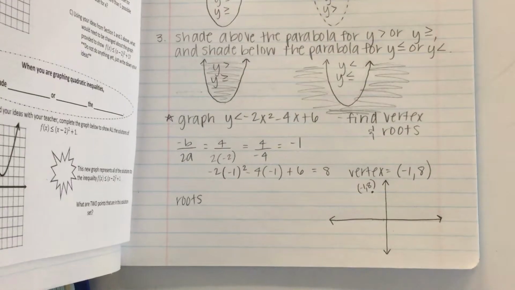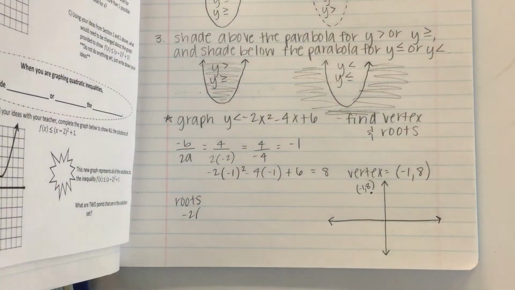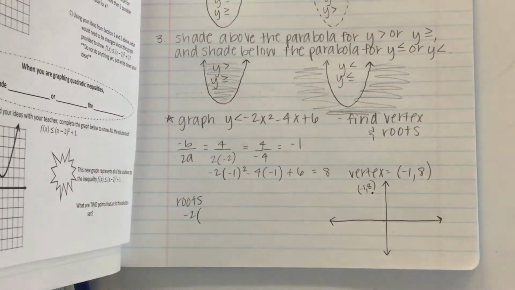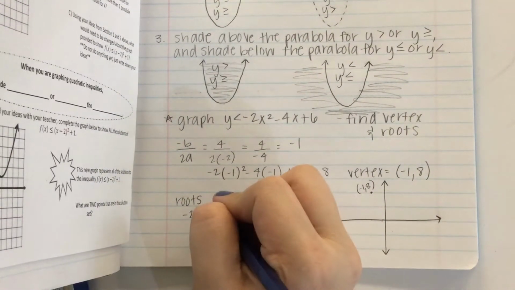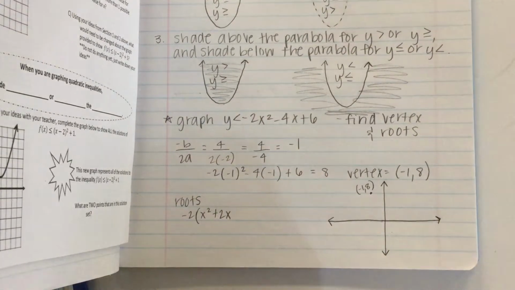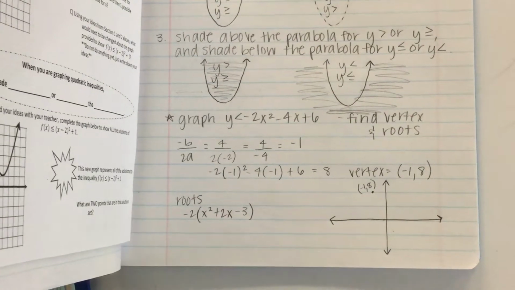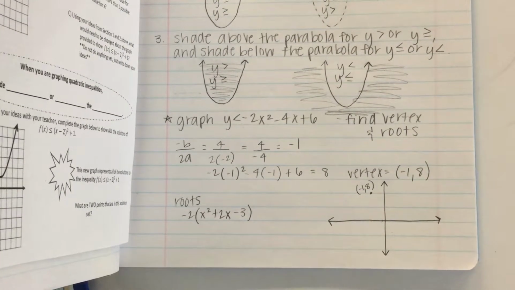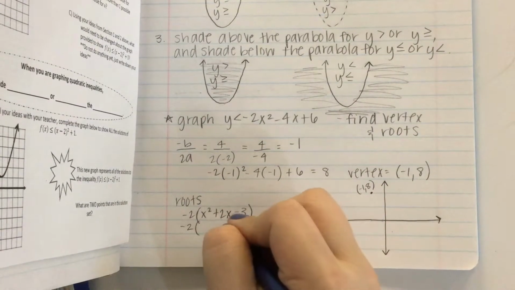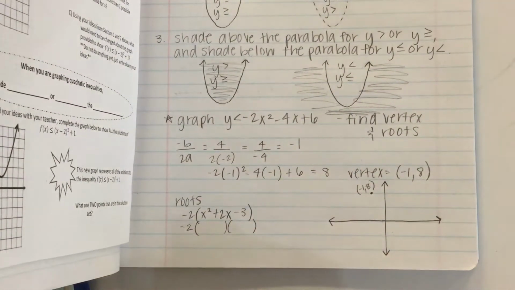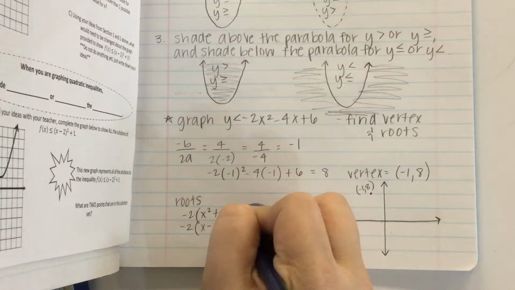I keep breaking my pencil. I can't stop writing so hard. So x squared, negative 4 divided by negative 2, that's plus 2x minus 3. What multiplies to negative 3 and adds to positive 2? 1 and 3? Negative 1 and positive 3.